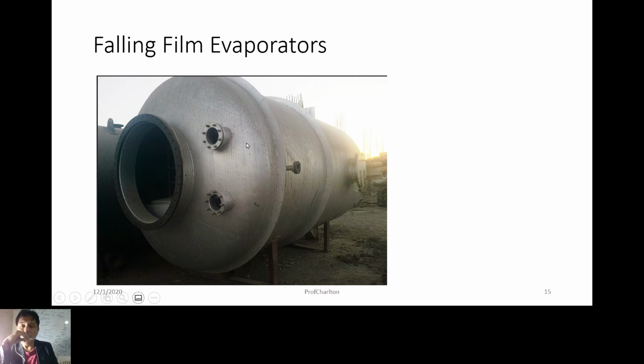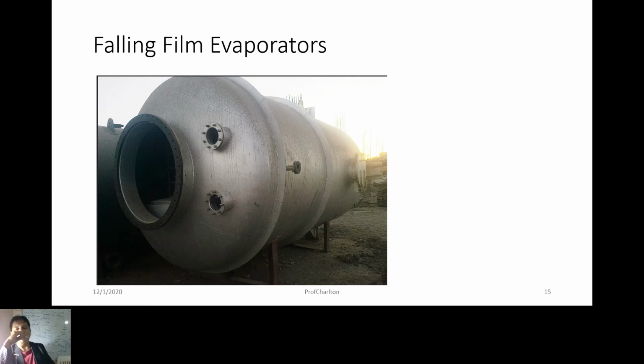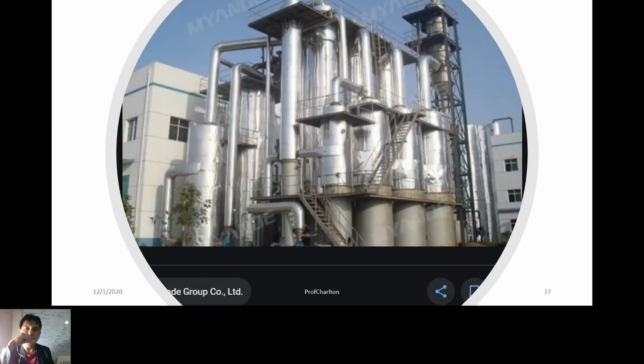Look at this. So this is called falling film evaporator. This is the rising film, meaning papataas yung flow ng hangin. Pag falling naman, pababa, magiging mga tinatawag na film. Yung water will become film, tapos pagbaba, malamig na. So, falling and rising.